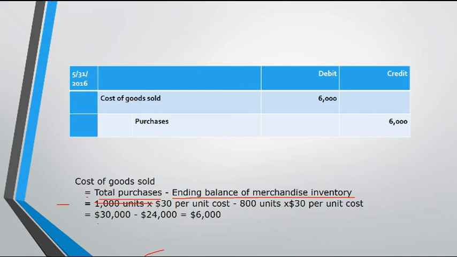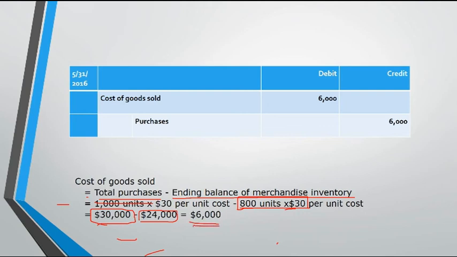So ito yung una, that is 30,000 minus 800 yung natira, yung kinuha mo kanina sa merchandise inventory, credit to purchases na 800 units times $30 per unit, so that is 24,000. So ang magiging cost of goods sold mo is 6,000.